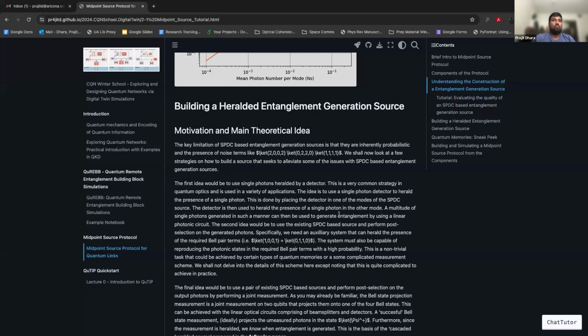And then you can build linear optical circuits, both on an optical table in your lab or on chip in a scalable, very low loss fashion, so that you can come up with a state that has entanglement to a higher degree.